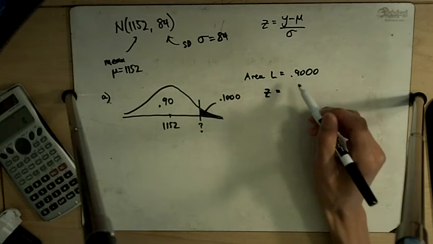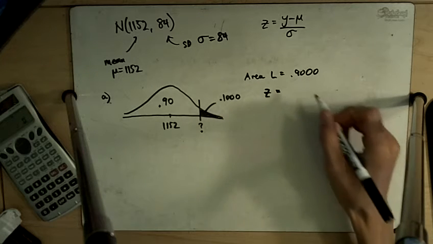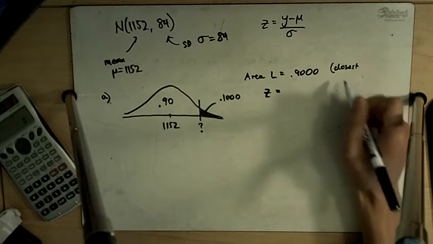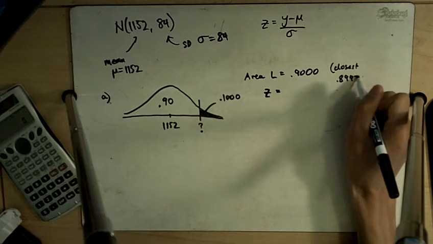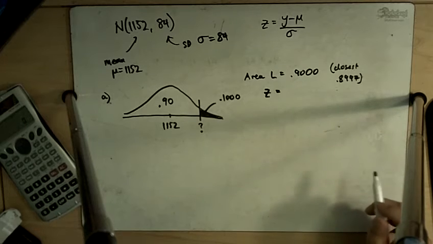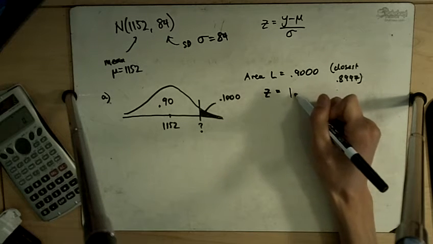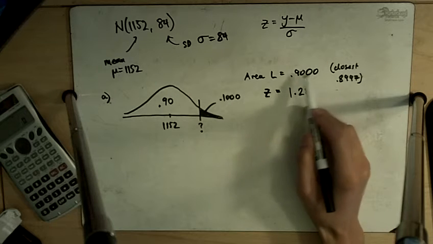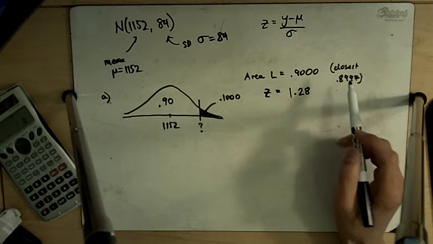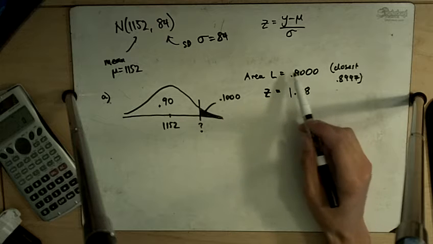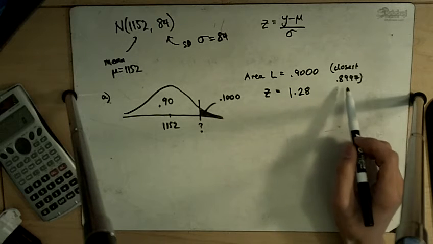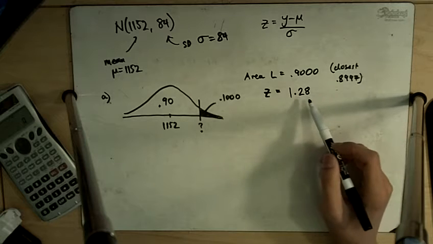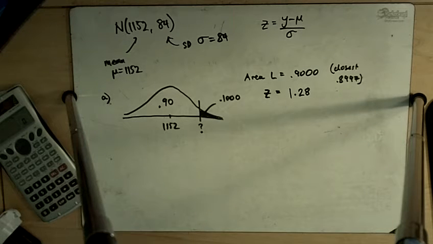You can't find 0.9000 exactly, but the closest one is 0.8997, and that corresponds to a z value of 1.28. It's very important that you don't look up the z value of 0.90. You're looking up the area 0.9000, or the closest one possible, which is 0.8997, and that corresponds to a z value of 1.28.